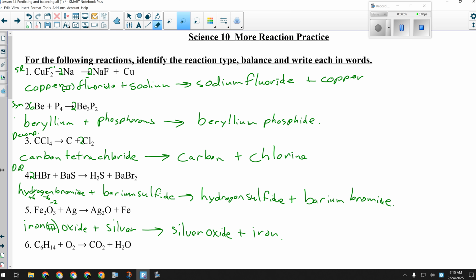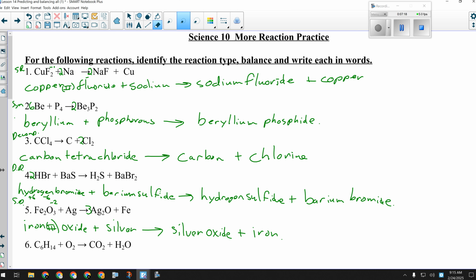Questions on the word reaction? Okay, what kind of reaction is it? Single replacement, yep, because we have an ionic compound reacting with an element, and the element is switching out. Okay, biggest number is 3. We've got 3 oxygens on this side, so we'll put a 3 here.